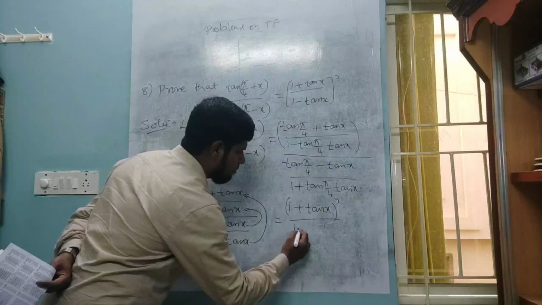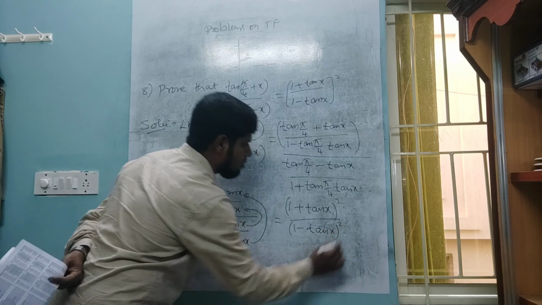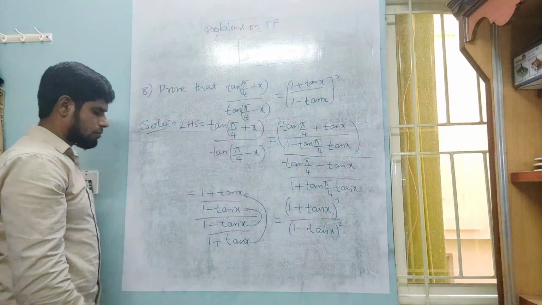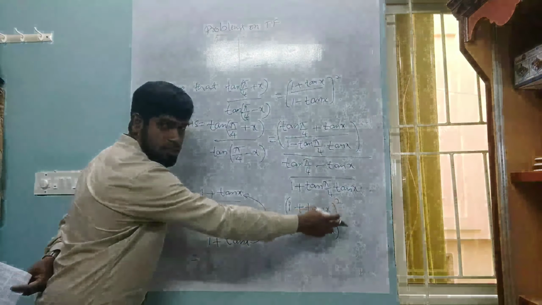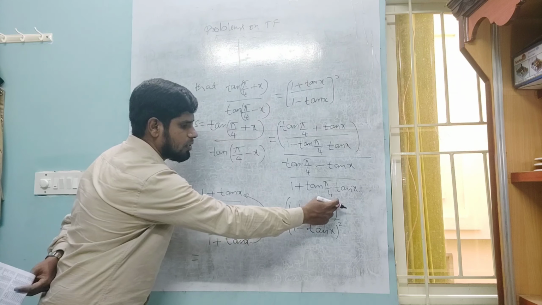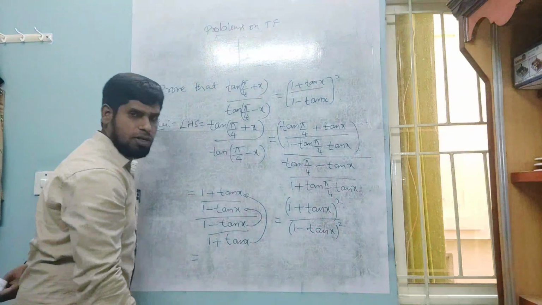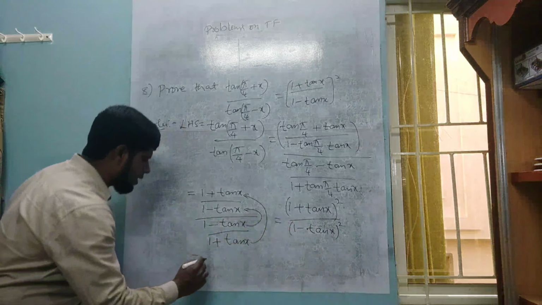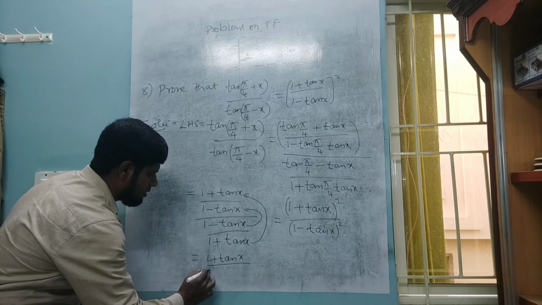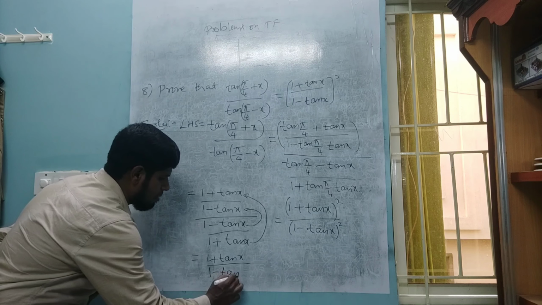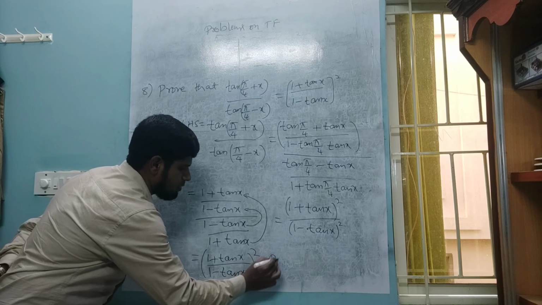So this becomes (1 minus tan x) whole square. Now student, both have squares, individual squares. 1 plus tan x has a square divided by 1 minus tan x also has a square. So combined together, I can write (1 plus tan x divided by 1 minus tan x) whole square. This is my RHS.